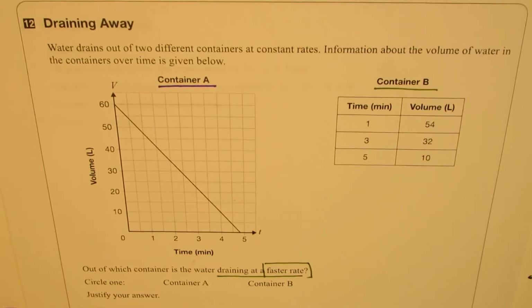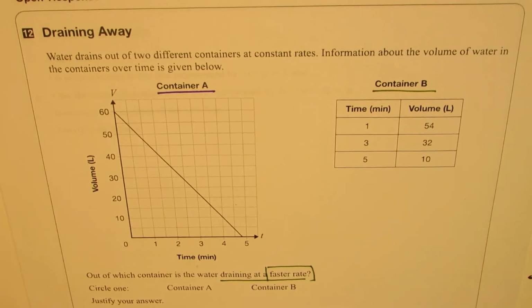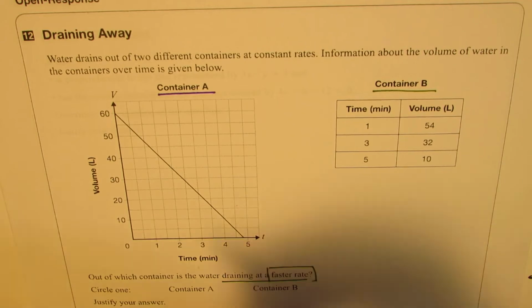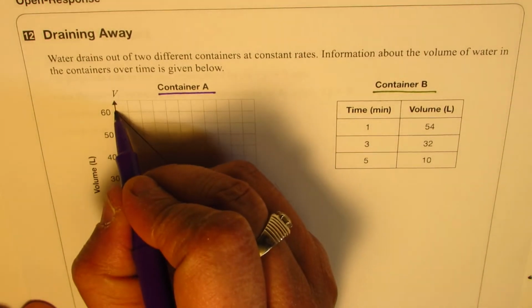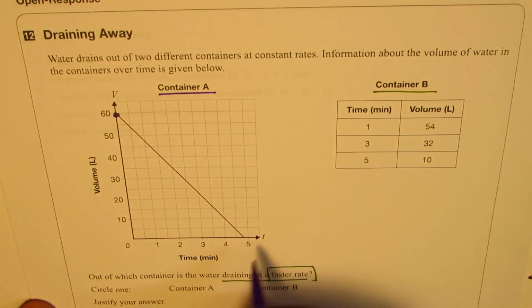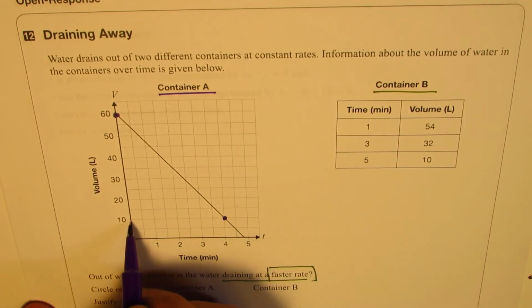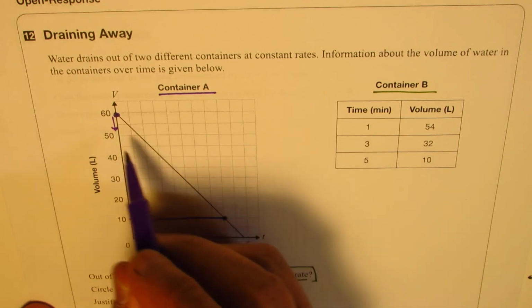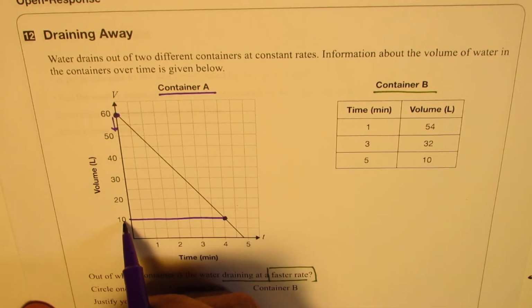So basically, we need to find the rate of change of volume, and both are decreasing, so it is draining away. Here, let's pick up 2 good values. That seems to be a perfect value. So we get a triangle right there. Coming down means negative, so from 60 to 10.